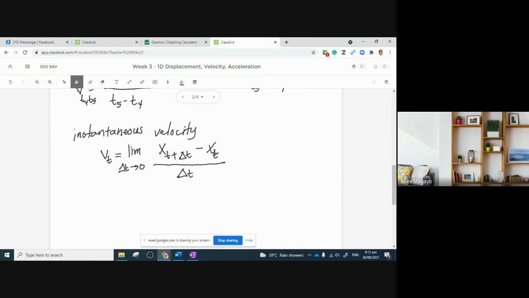Not zero, but approaching zero. So in this case, this is the first order derivative. This is equal to dx over dt. So instantaneous velocity is dx/dt. Now, I want you to remember this equation because we will be using this for the entire general physics. Do not forget this important equation. dx over dt is velocity at any given time.